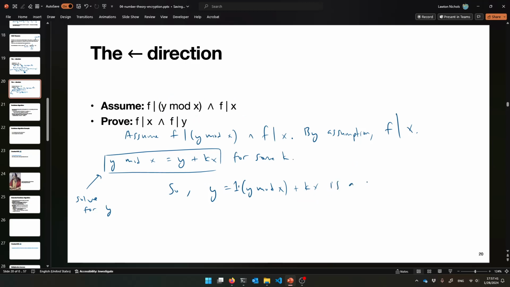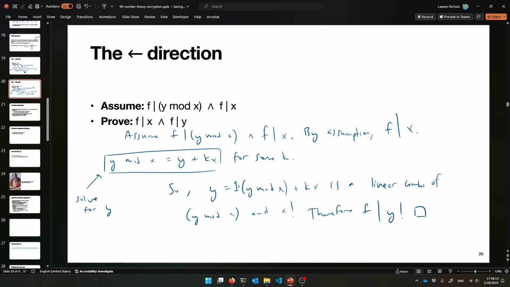It is a linear combination of y mod x and x. Therefore, if f divides any of those, either of those, f divides any linear combination of them, and y happens to be a linear combination of them, so f divides y.